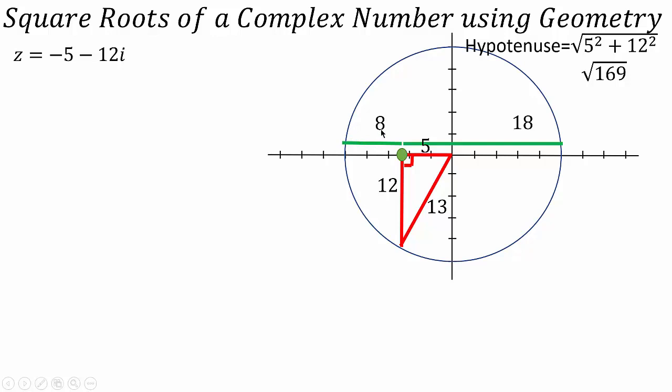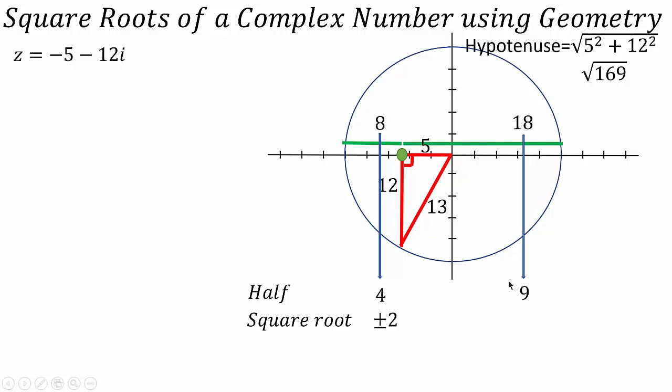Now, applying the same process, we will find the half value of these numbers. 8 by 2 is 4, 18 by 2 is 9. Then we'll find the square root, that is, the square root of 4 is plus minus 2, the square root of 9 is plus minus 3.